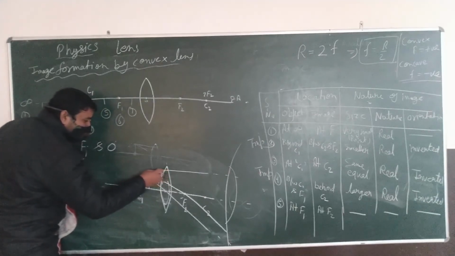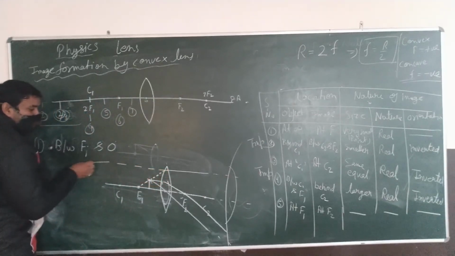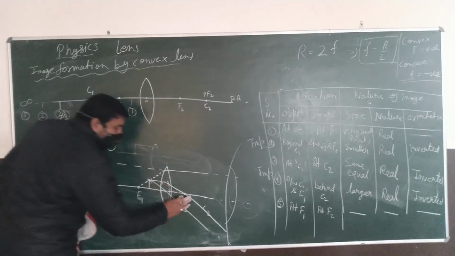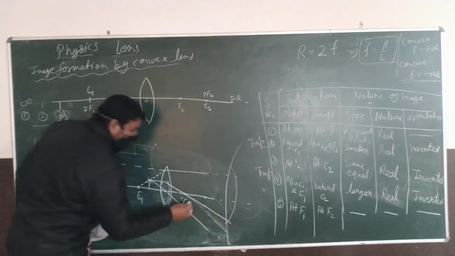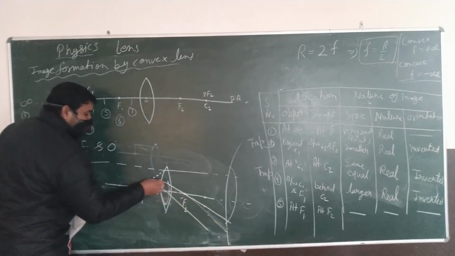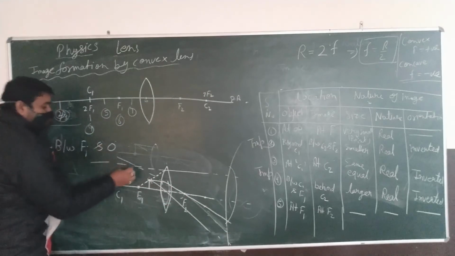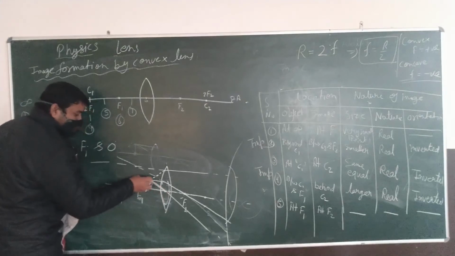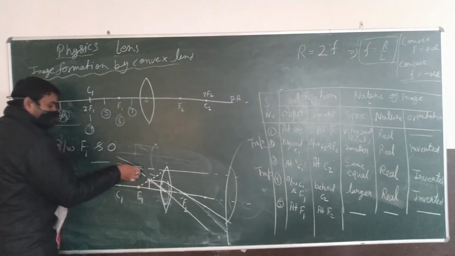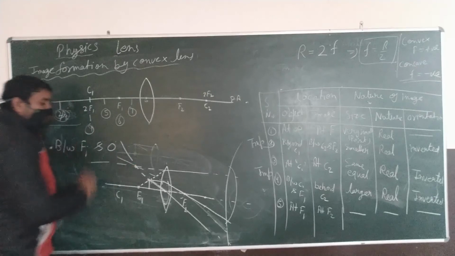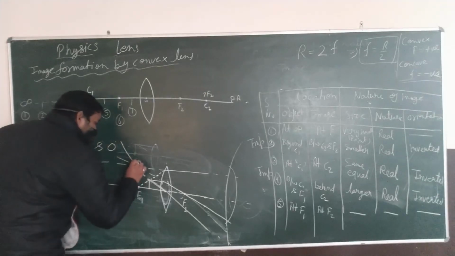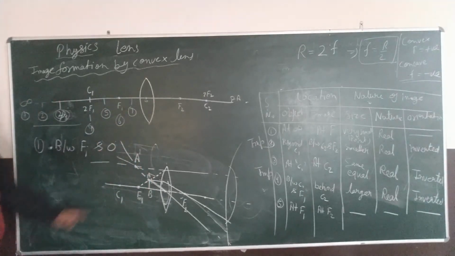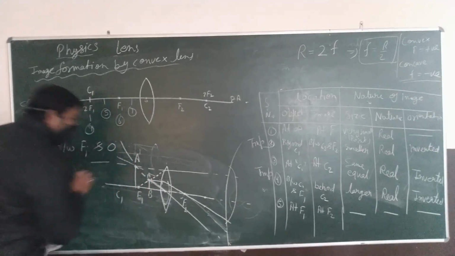So this is the point of intersection, and for this case this is the point of intersection. So this is the location of A, so we call A dash, and this is B.